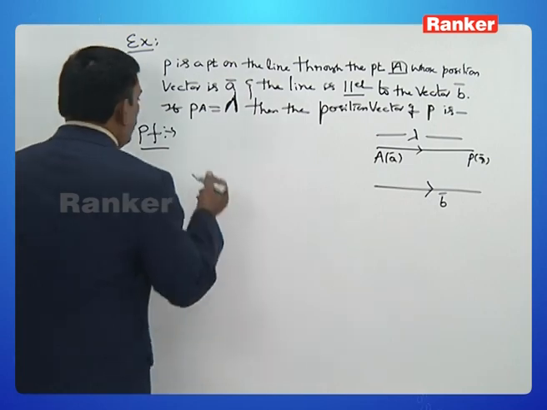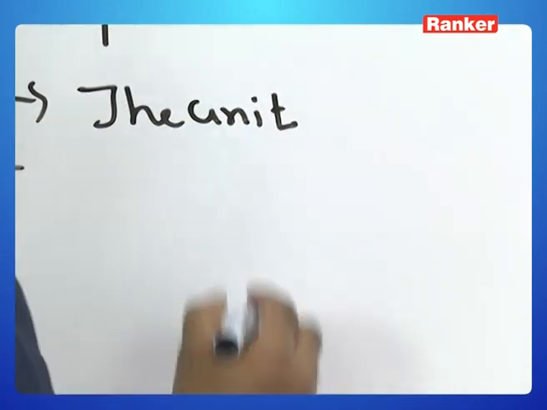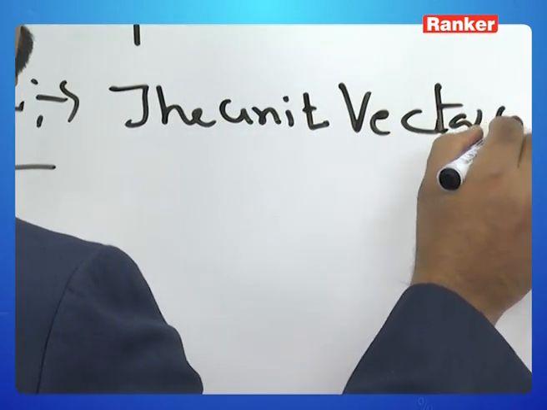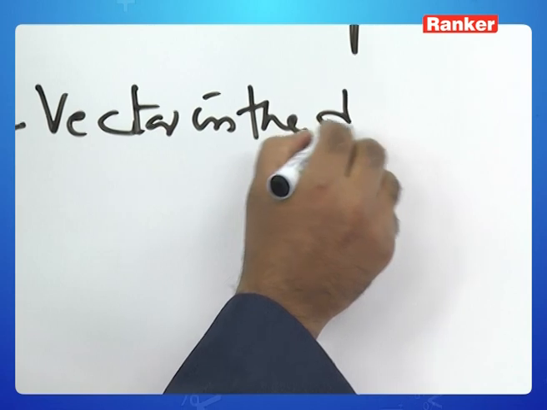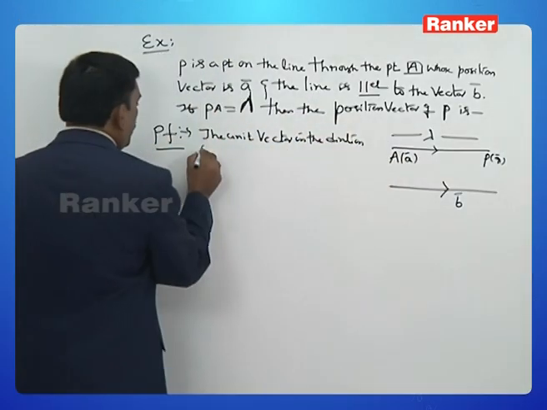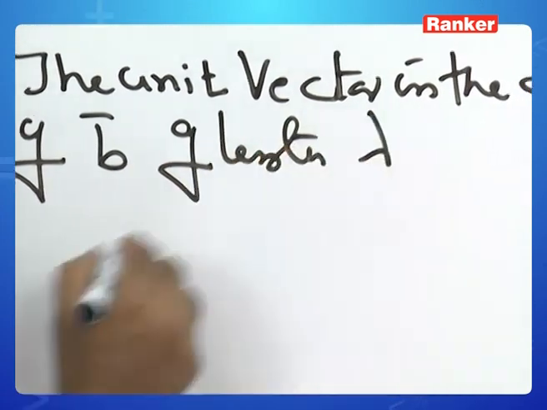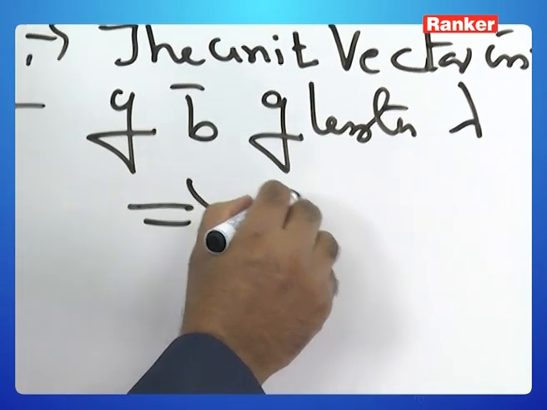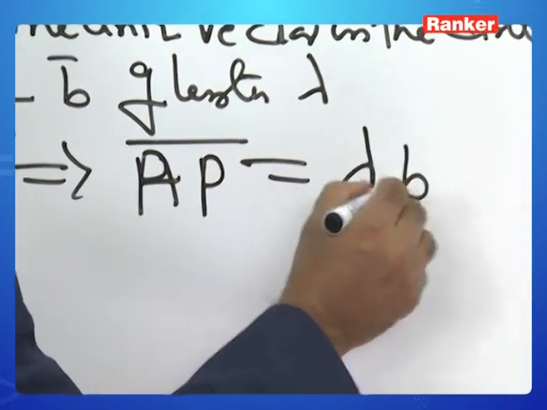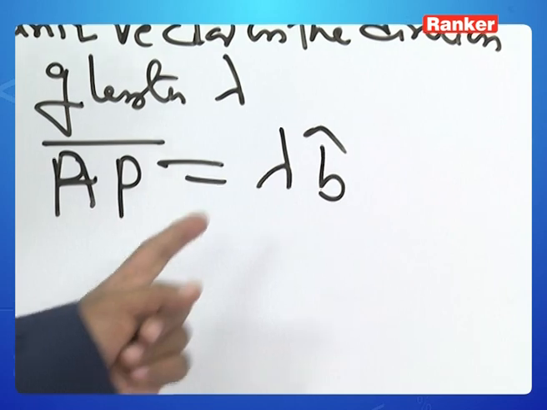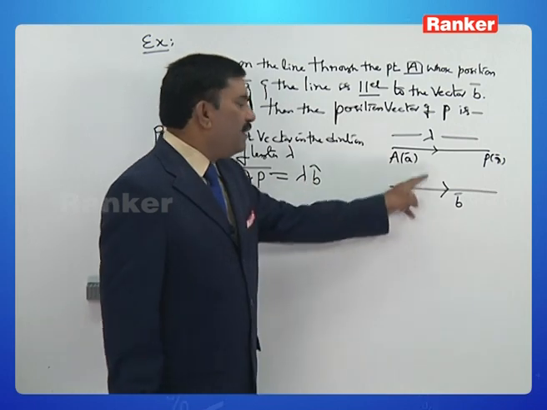Now, the unit vector in the direction of b bar, of length lambda, is given by PA bar or AP bar equals lambda into b cap. Why? If you take the unit vector, its length becomes 1, and it is parallel to AP bar.